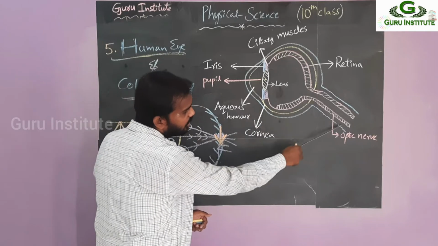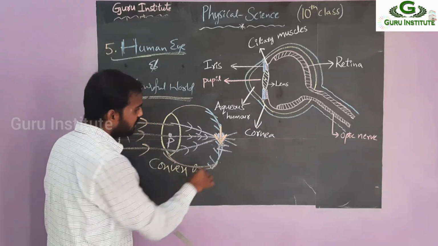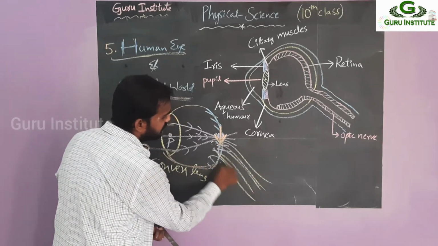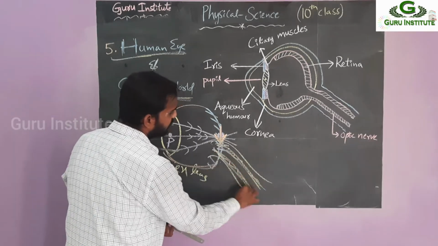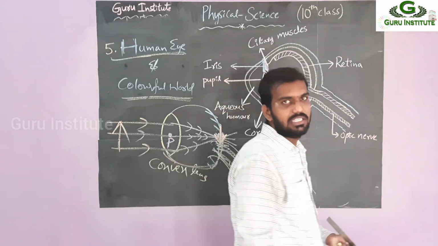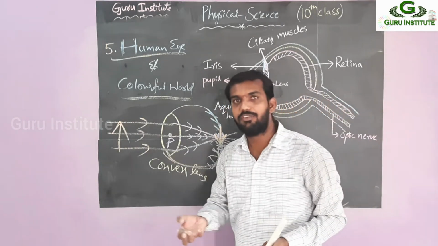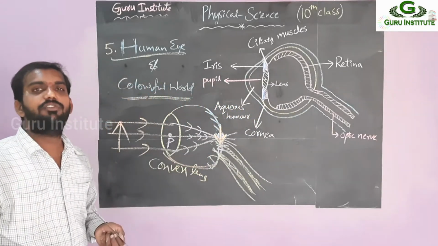This retina is connected to optic nerve. This total structure. This retina is connected to which one? Optic nerve. So in this retina, lakhs of millions of receptors are there. Receptors are nothing but they will receive the color and intensity of the object.